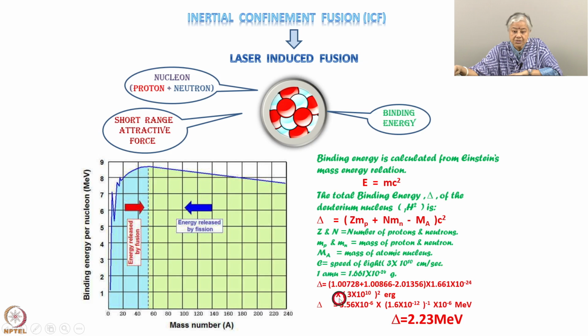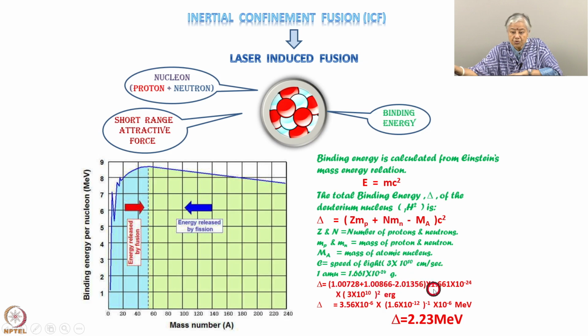1 AMU is equal to 1.661 into 10 to the power minus 24 grams. So, what I have written here are all in AMU. MP I have put as 1.00728, this is in AMU. Then MN again in AMU.